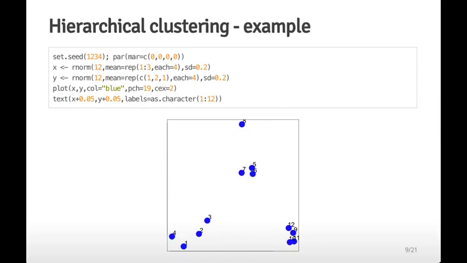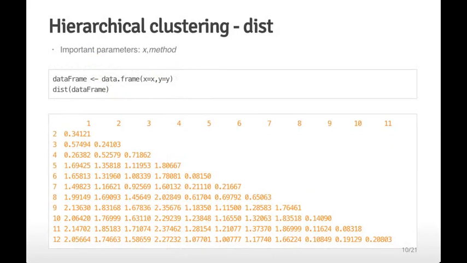So how hierarchical clustering works is first it's going to calculate a distance between all of the different points. In this case, there are 12 different points that we've observed, and we're going to calculate the distance based on their x and y values. To do that, I create a data frame that has the x values and the y values for the points, and then I use the command dist, which calculates the distance between the points.